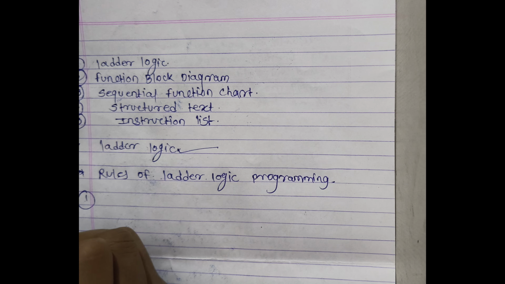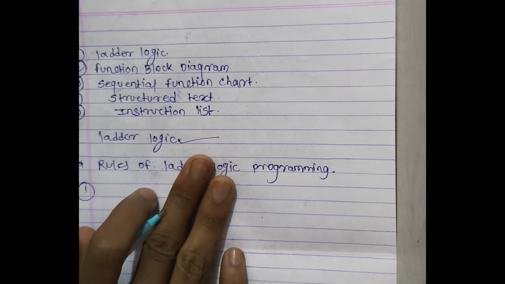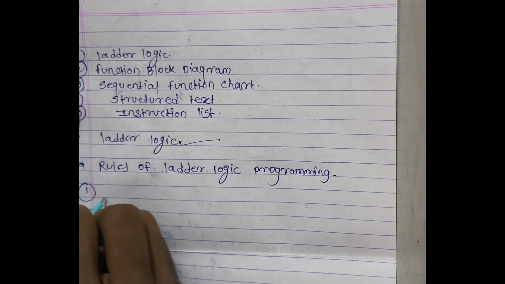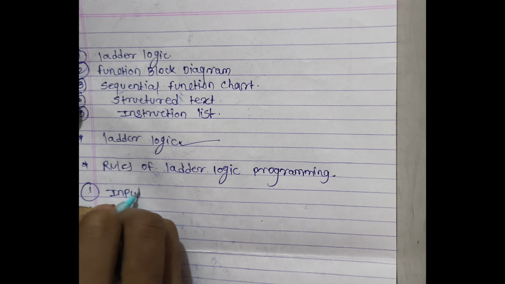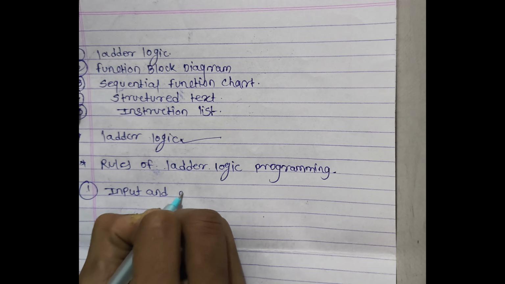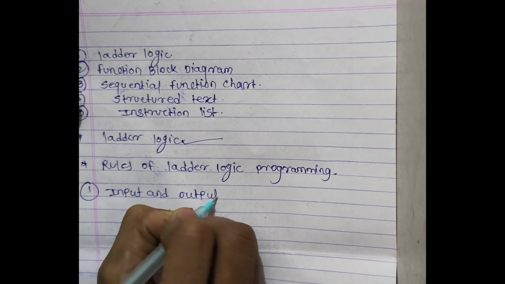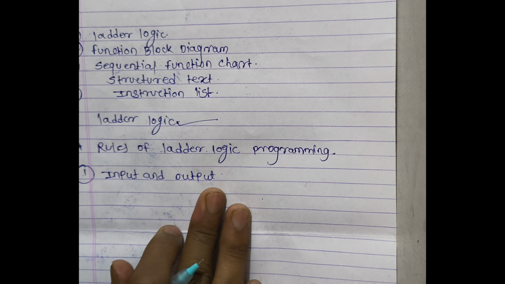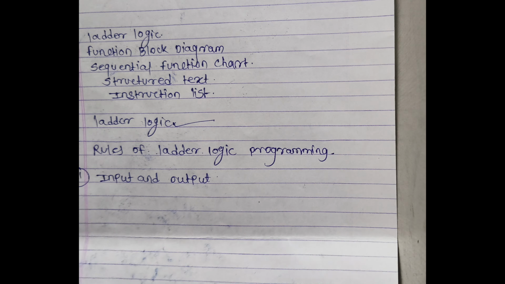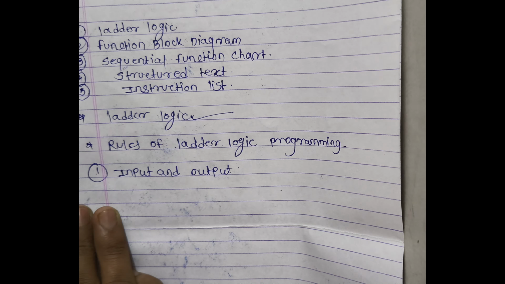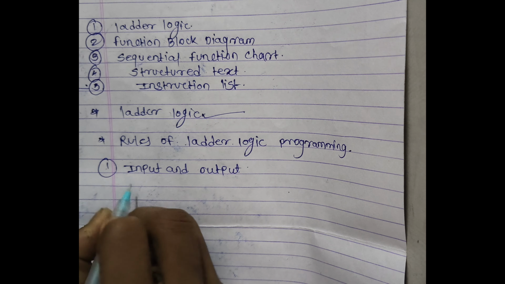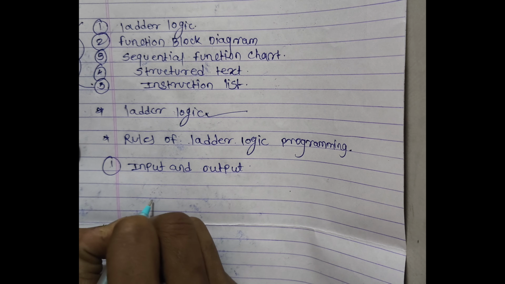First we will see what are the inputs and output contacts. When you open any software for ladder logic diagram or PLC programming, you can see there are 2 types of contacts.